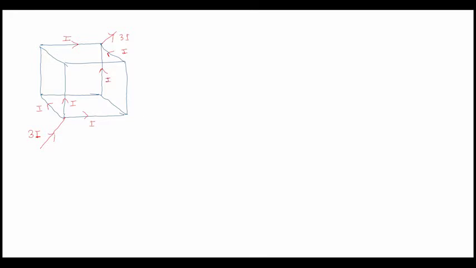Now if we consider each node where these currents lead up to, we see that each node is dividing into two nodes.